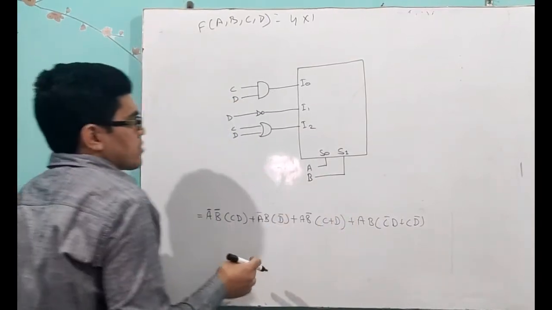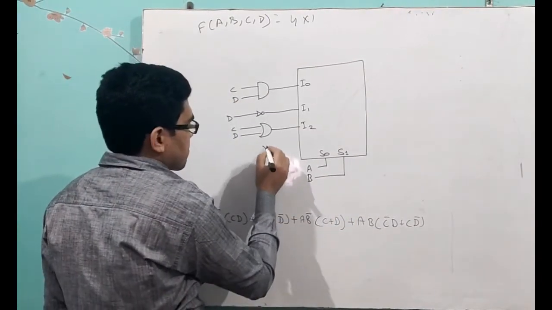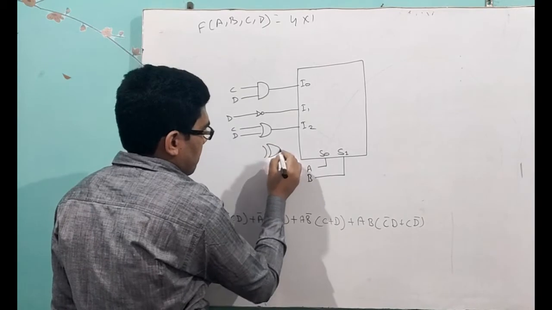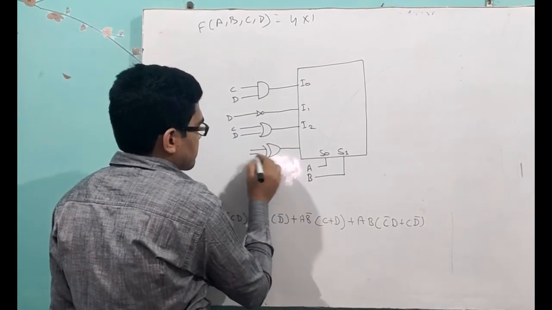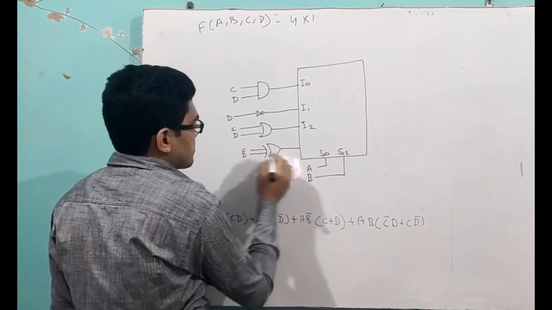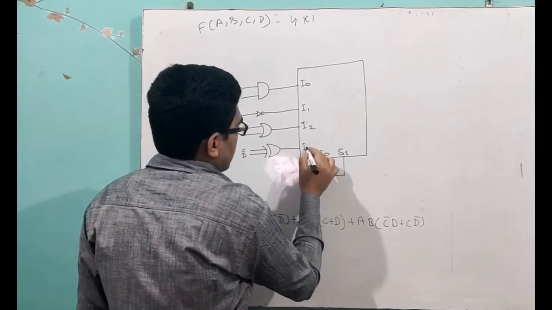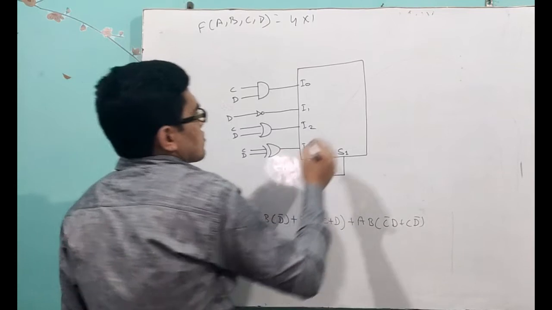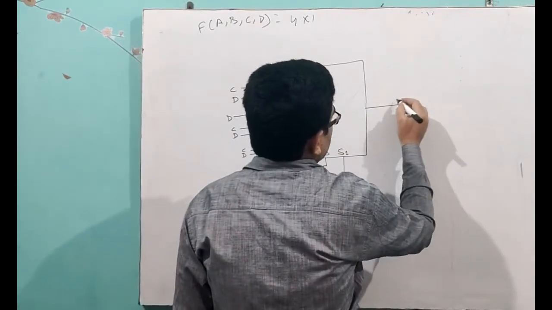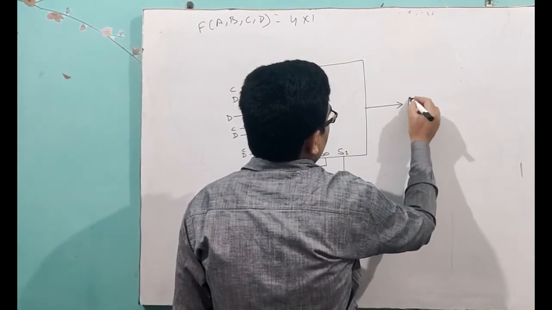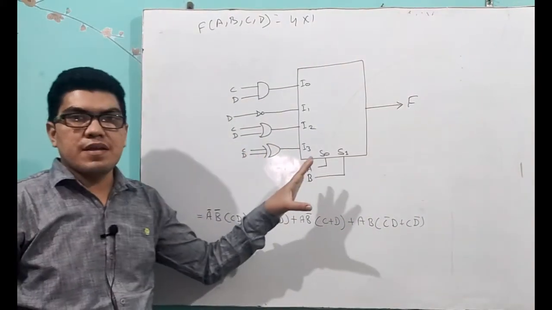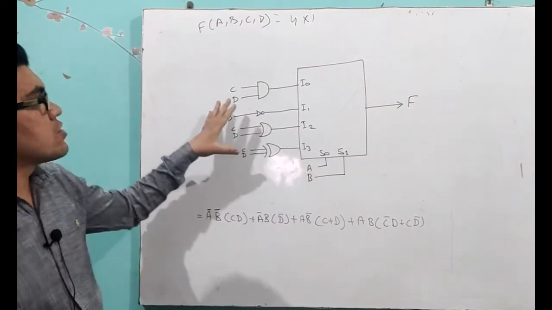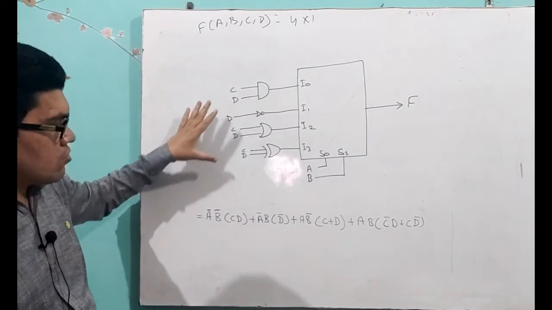This is the XOR gate of CD. So this will be I3. And this is your F. So this is how we can implement it using the scale down method.